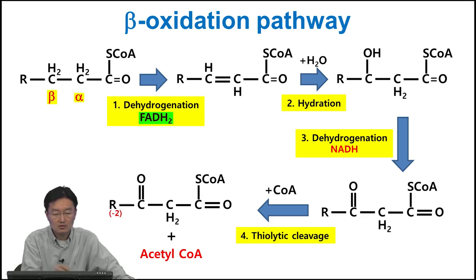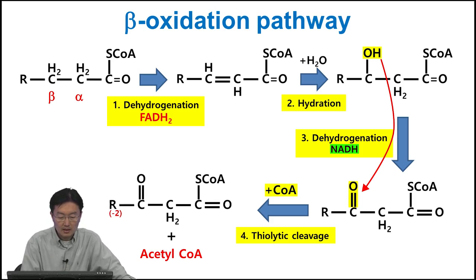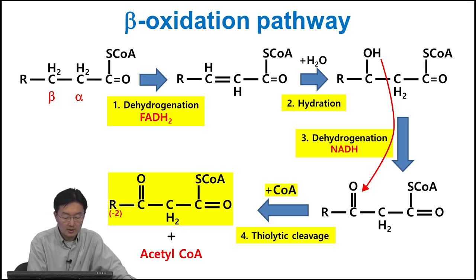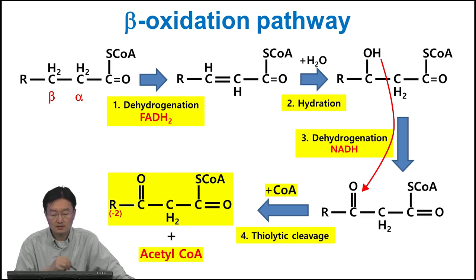And then hydration, just look at the reduced state of this beta carbon. It's a double bond, now hydroxylated, partly oxidized, and further oxidized, and then NADH is produced. Now from hydroxyl, the beta carbon is a ketone. And then a cleavage reaction, with a new coenzyme A getting into this system, and the 2-carbon shortened fatty acyl chain is produced, and the terminal C2 part is released as acetyl-CoA.